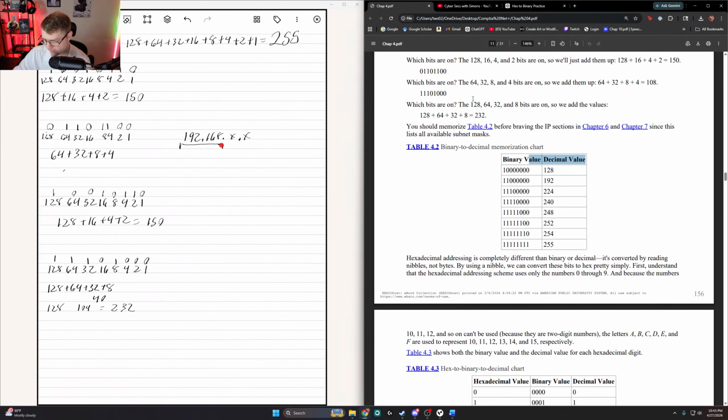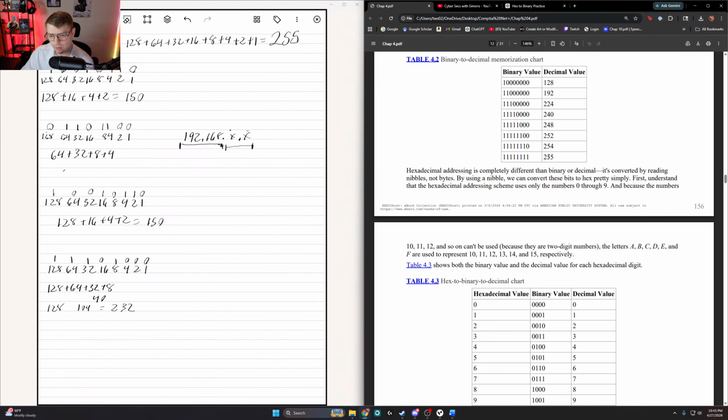For now, we have the network ID and then the user ID. These two octets are what we use to provide a value to our user. And this binary table here will really help us out with subnetting in the future. So that's good to hold on to.